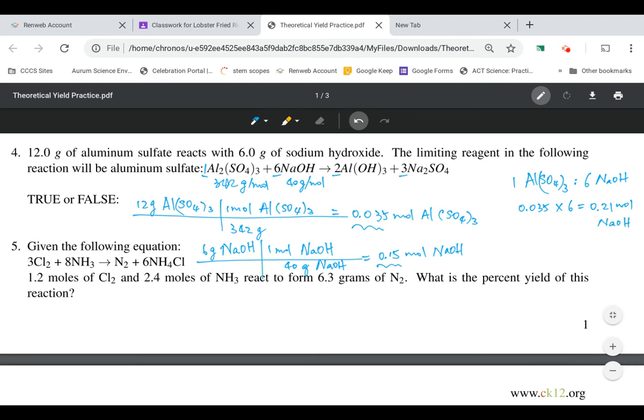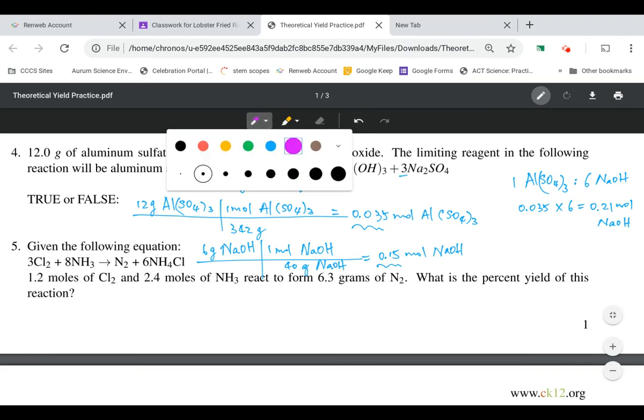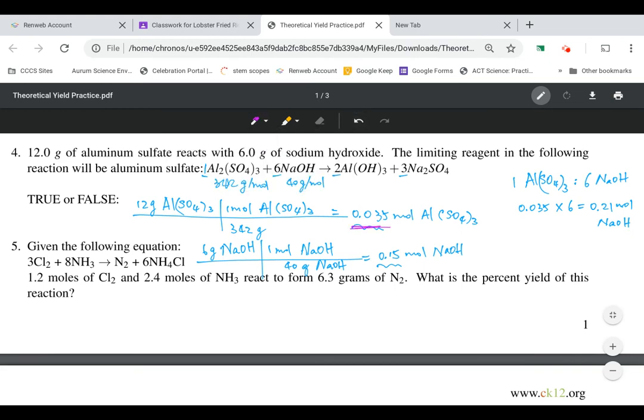So if we use this amount of aluminum sulfate, we need 0.21 mole of sodium hydroxide, but we only have 0.15. So this is limiting.